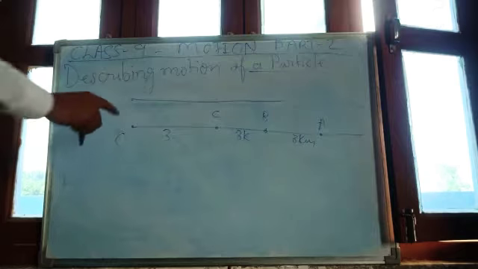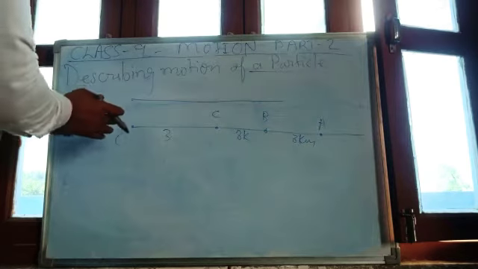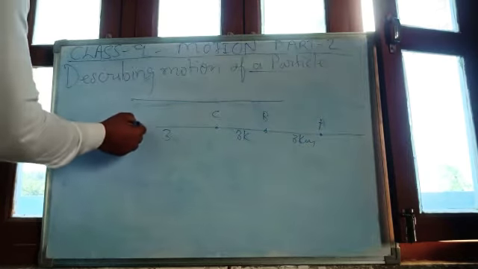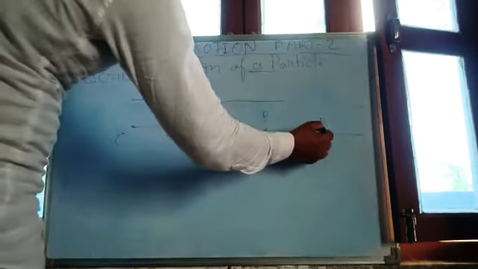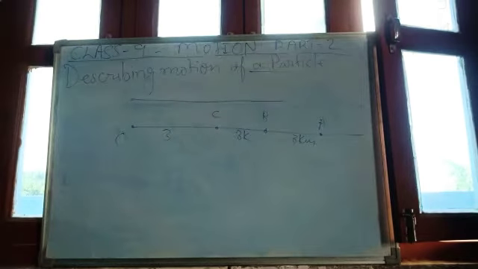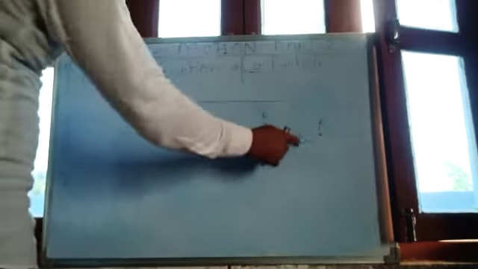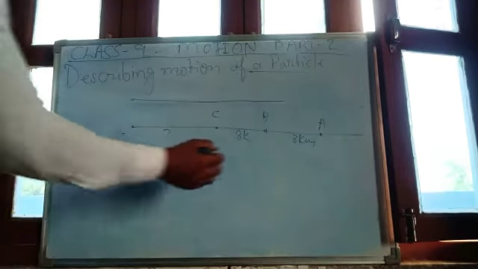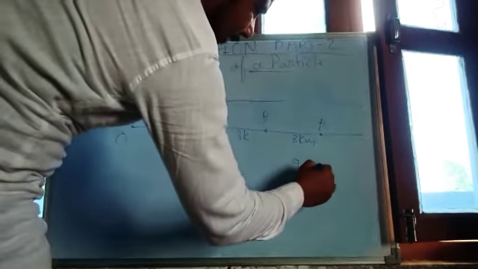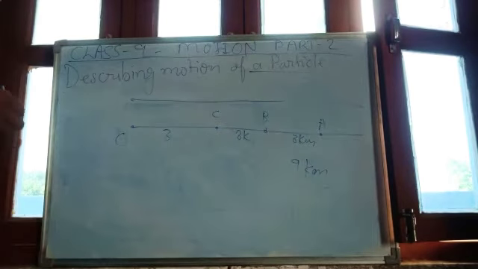Now let's suppose the particle executes rectilinear motion, starts its journey and reaches A. What is the distance covered by the particle to reach A from O? You will say 3 plus 3 plus 3 is 9 km. 9 km has been covered by the particle.